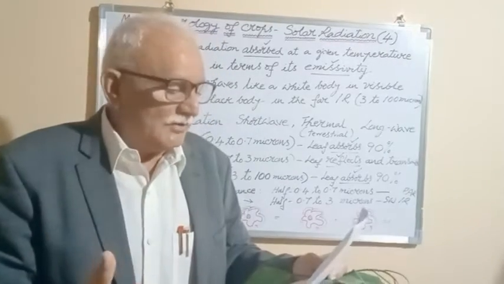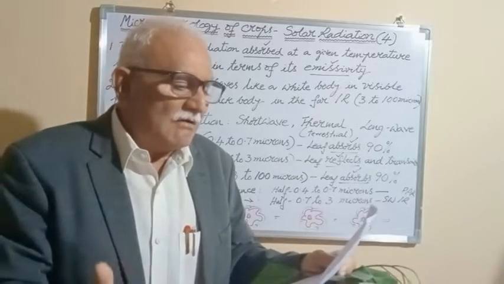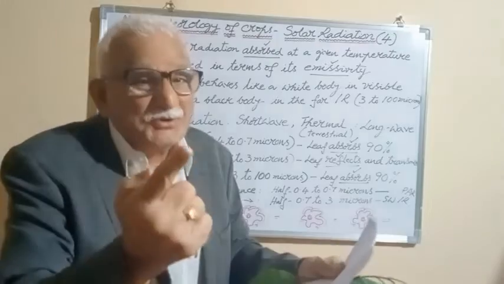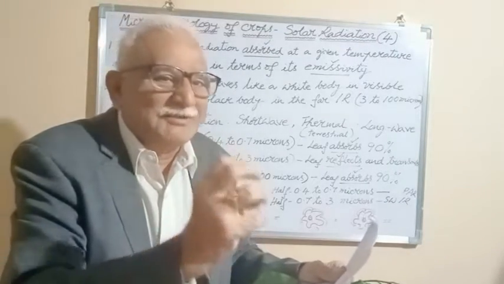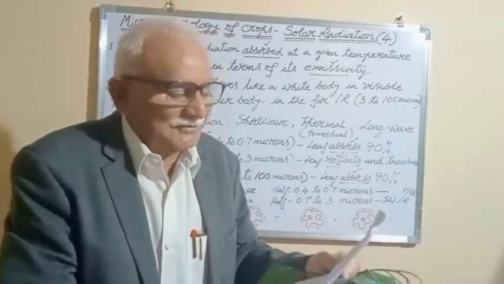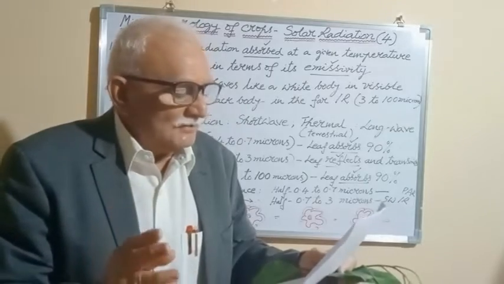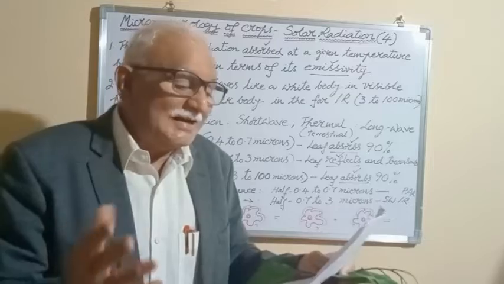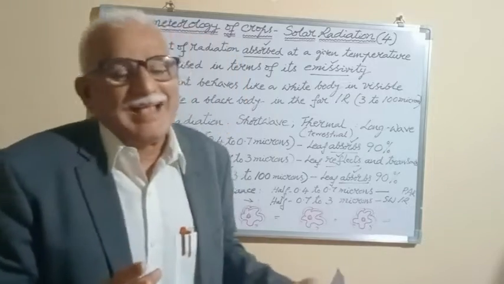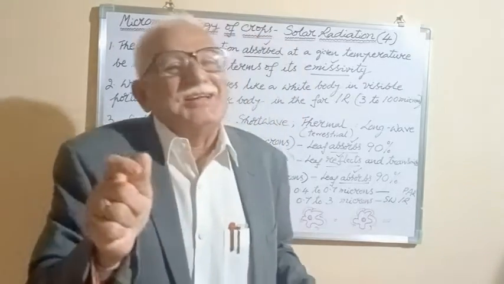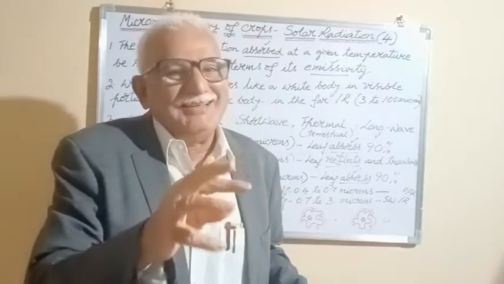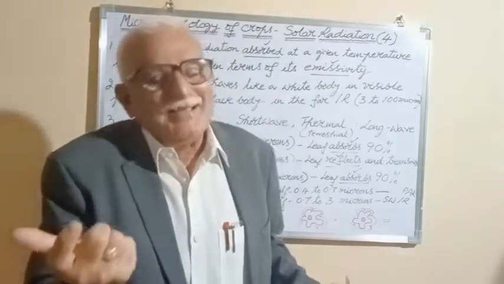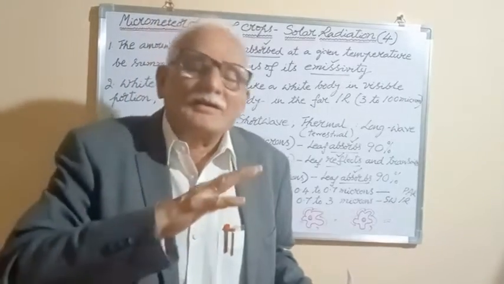Of course, a black body absorbs all of the incident radiation. It has an absorptivity of unity, and as per Kirchhoff's law, it is also a good radiator having emissivity unity. A lambda is equal to E lambda: perfect emitter, perfect absorber, perfect radiator, whatever you call it.